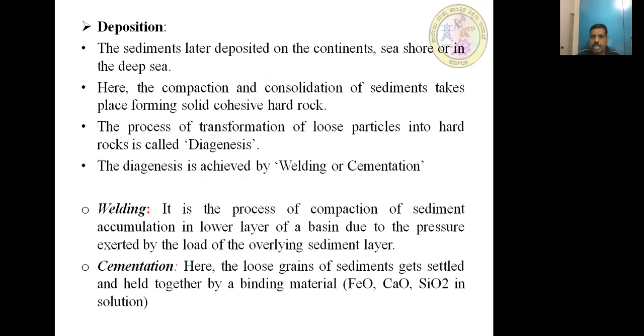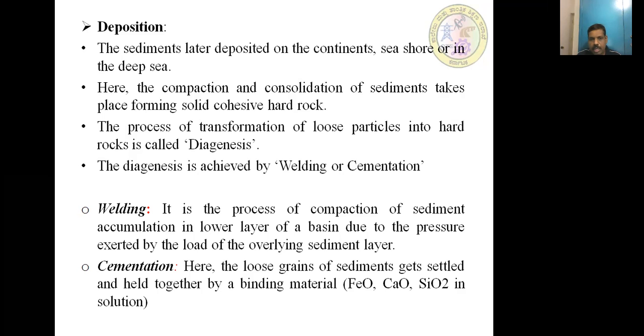Here, the compaction and consolidation of sediments takes place, forming solid cohesive hard rock. The process of transformation of loose particles into hard rock is called diagenesis. This diagenesis is achieved by welding and cementation.